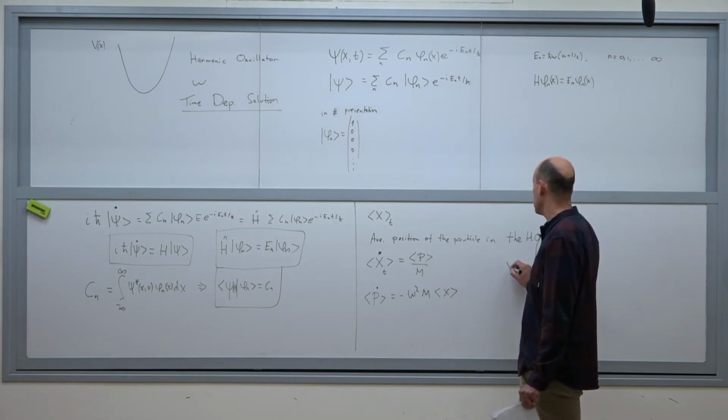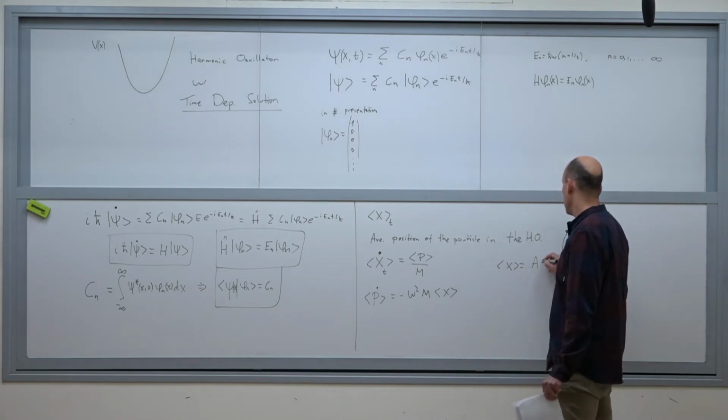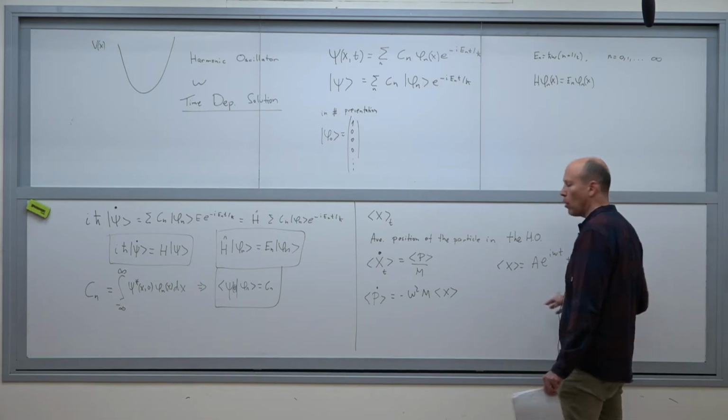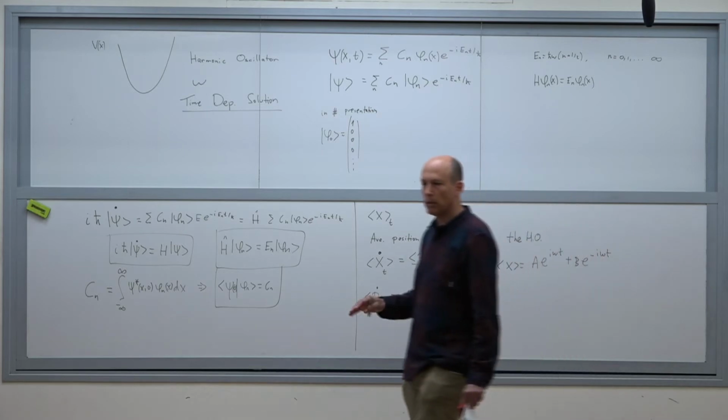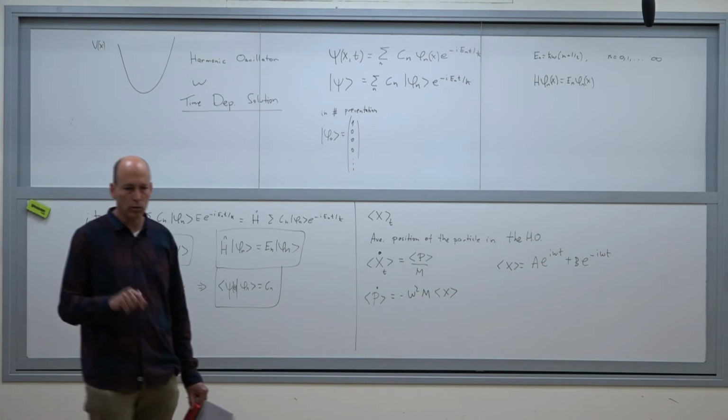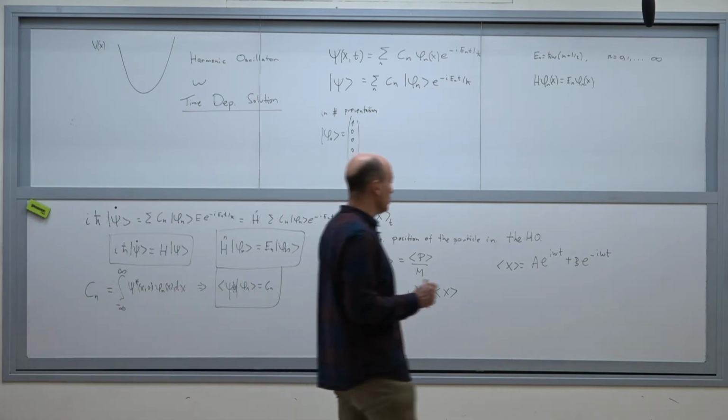The solution is something like this: x equals a e to the i omega t plus b e to the minus i omega t. Now all of you know what a and b are, but I'm lazy, I'm not writing it. A and b are simply given by the initial conditions of the classical motion.